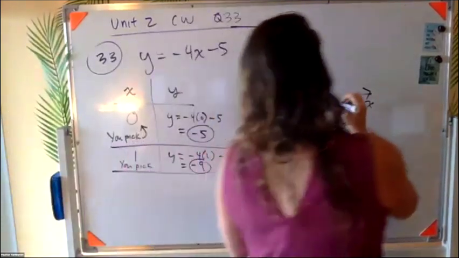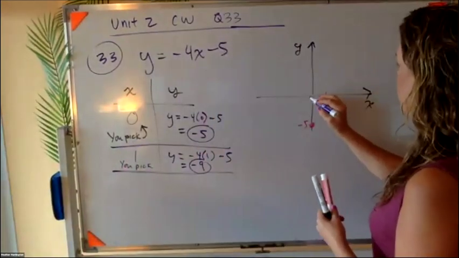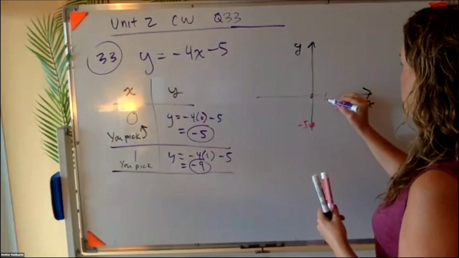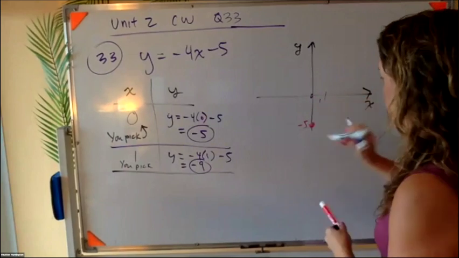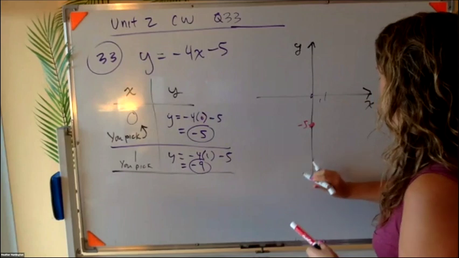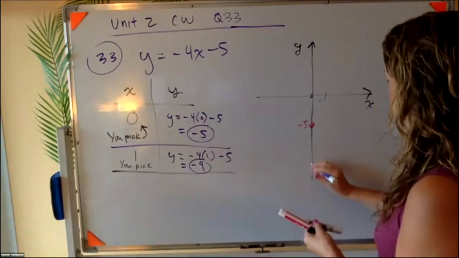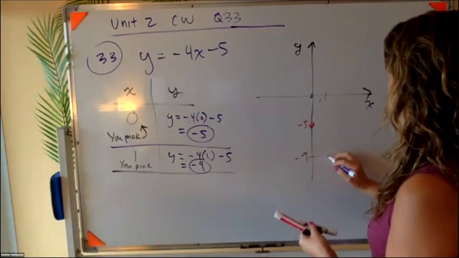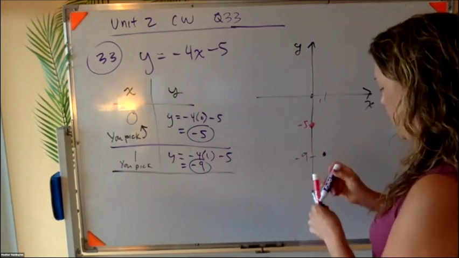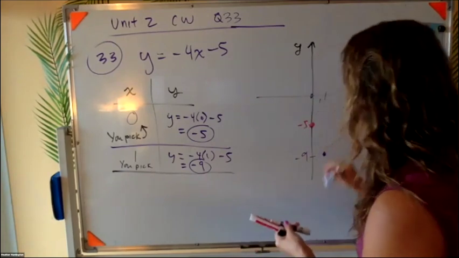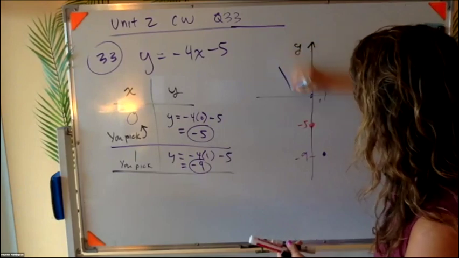So at 1, we go all the way down to -9. It's going to be around there. So now I can see that this line is going to go through these 2 points.